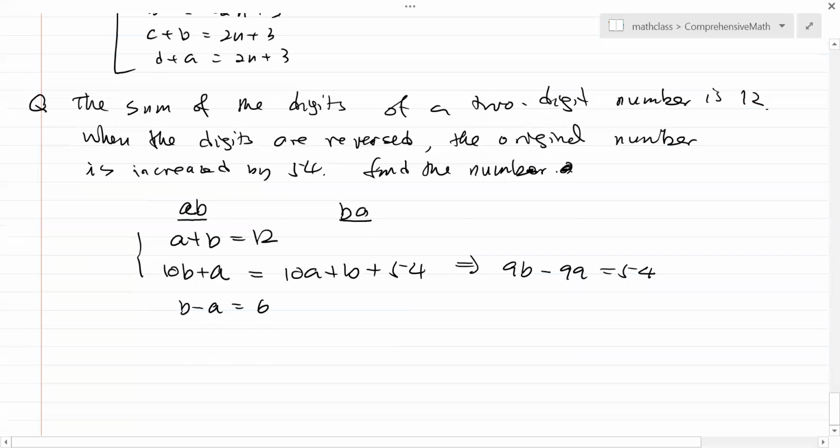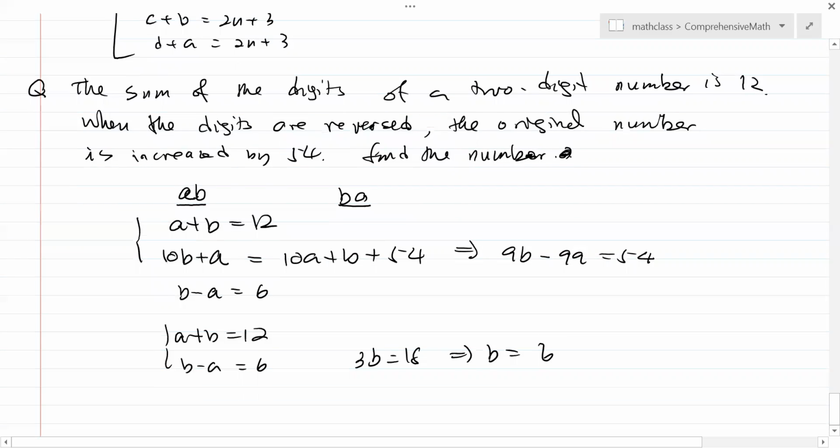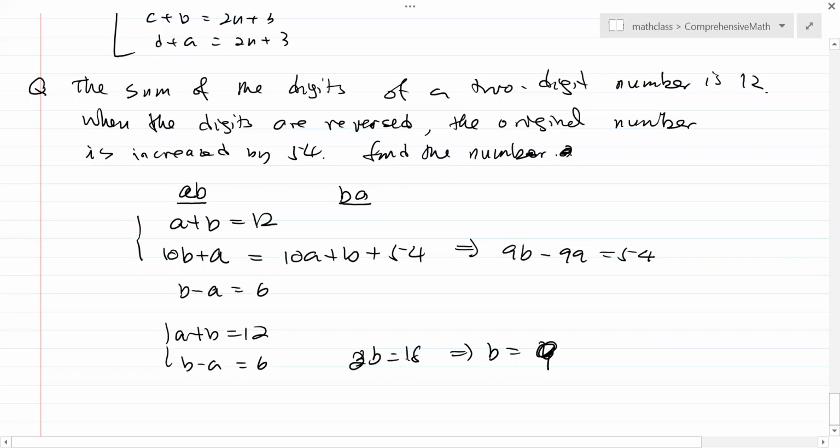So that's why you end up with these 2 simple equations. Now, if you add them together, 2B equals 18, so B equals 9. Then A is going to be 3. So the answer is 39.